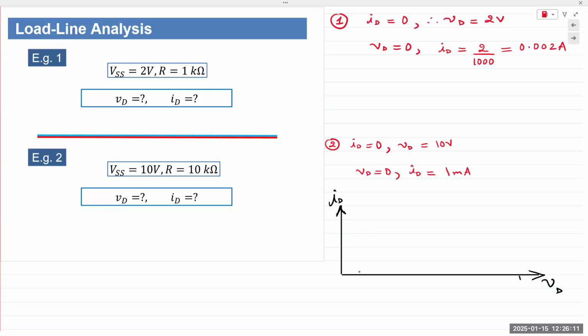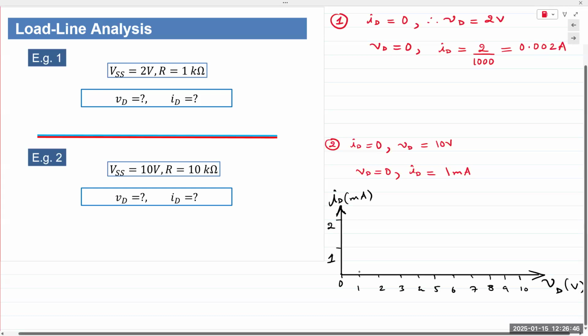So let's say 10, 5. ID is in milliamps, VD is in volts.